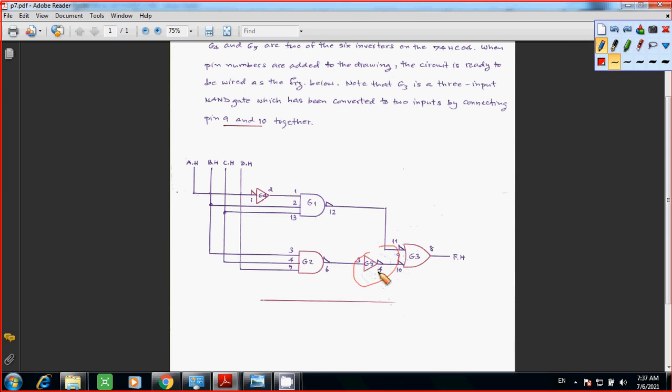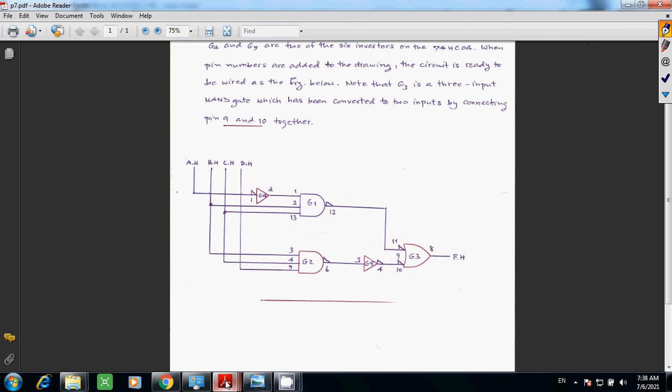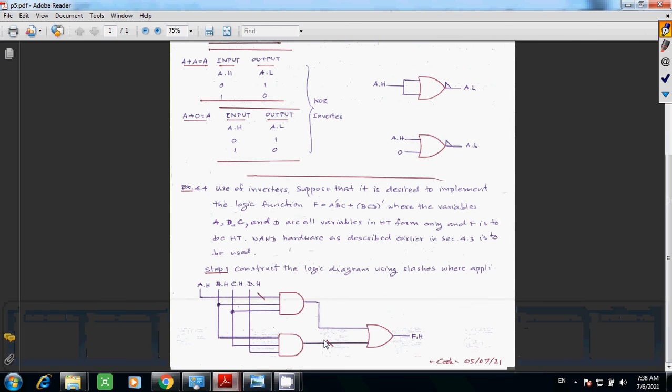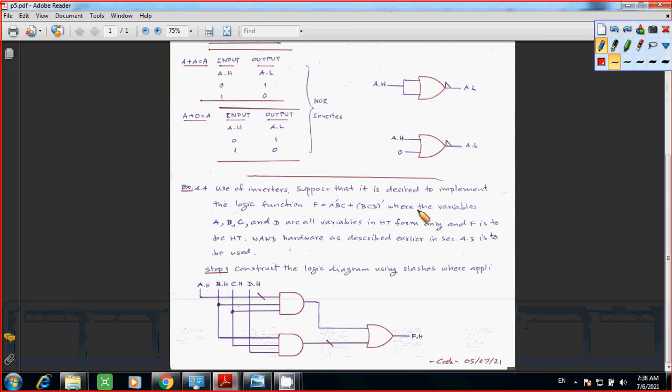That's why you have an inverter here. And this one is simply the NAND gate. And this one is also a NAND gate. As you're required to do the function of A prime, B, C, or B, C, D prime.